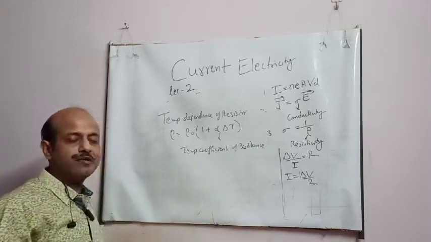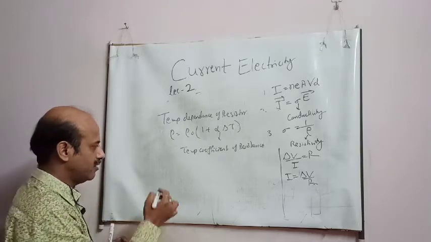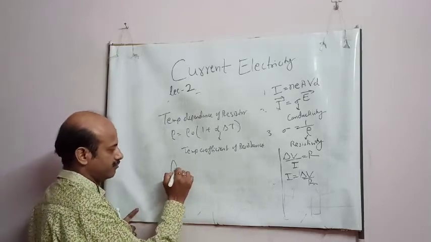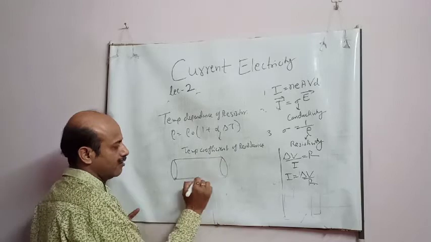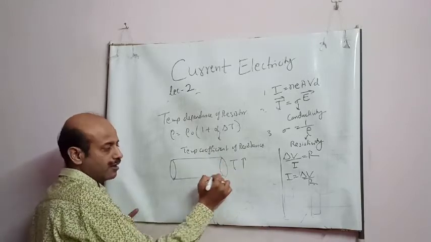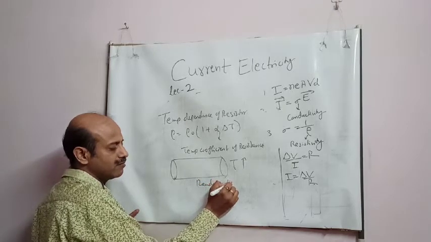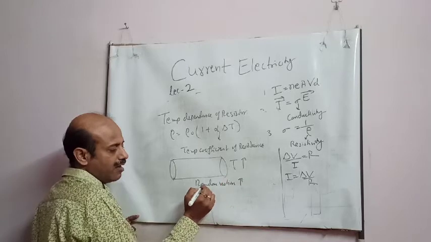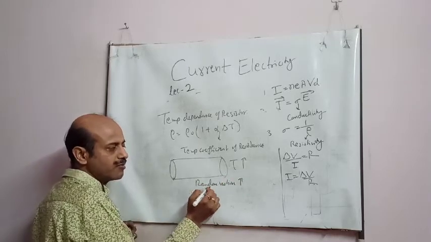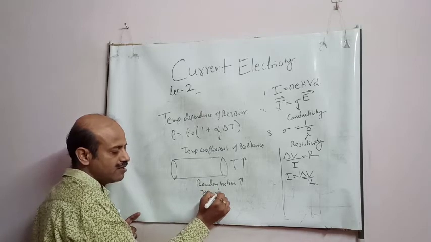Now, what is the effect of temperature? Let's give a physical explanation, student. Say this is the conductor. If the temperature increases, random motion will increase, and when random motion will increase, the relaxation time tau will decrease.